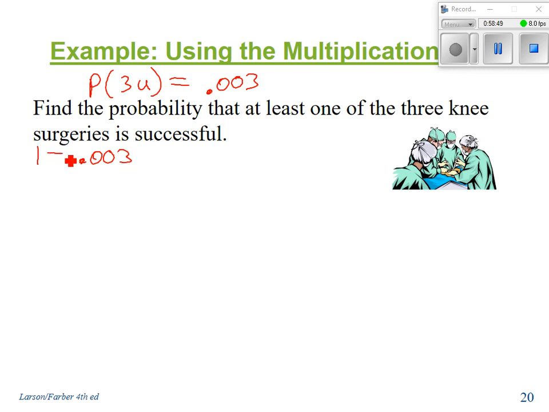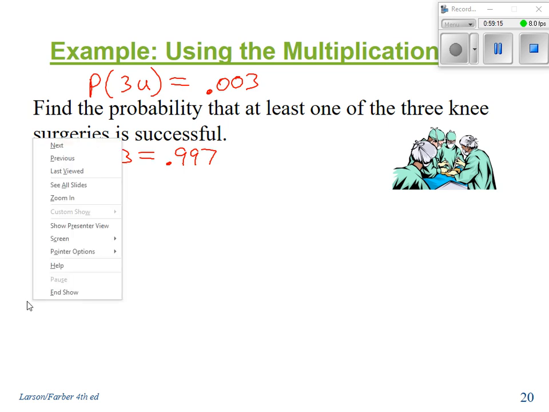Subtract it from 1, the total, and you end up with 0.997. This is the probability that all three are unsuccessful. We want the probability that not all three are unsuccessful, that at least one of them is successful. And we just subtract that and we should get it.